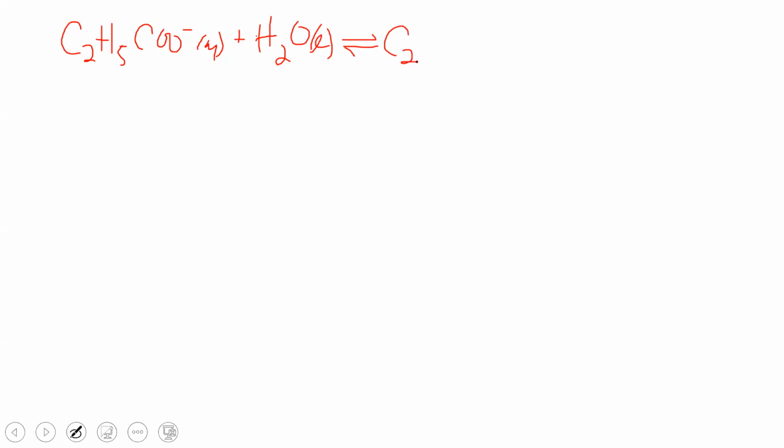So here we have the propanoate, C2H5COO minus aqueous, plus H2O liquid, reacts to form the protonated version, the propanoic acid, C2H5COOH, plus hydroxide.